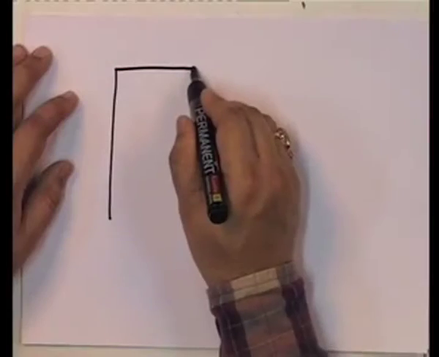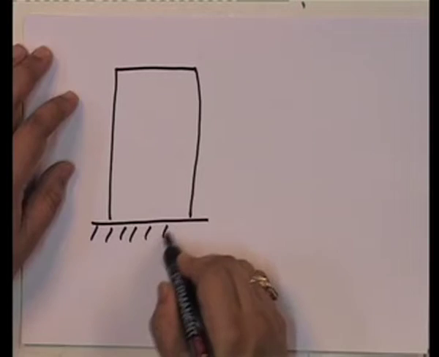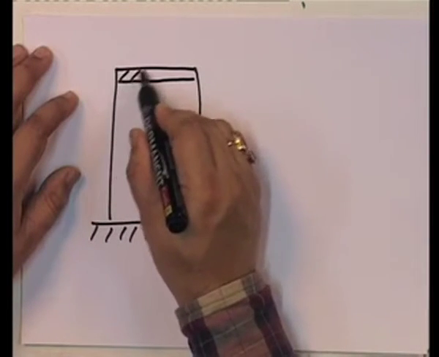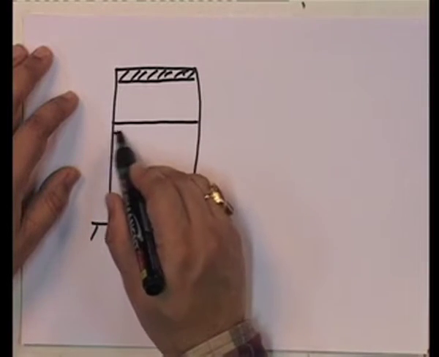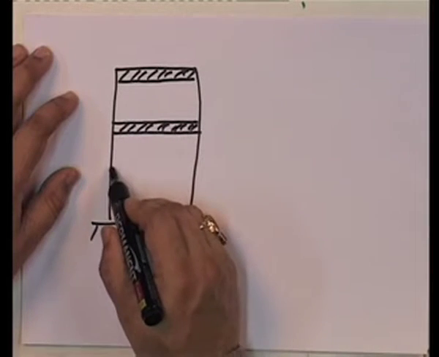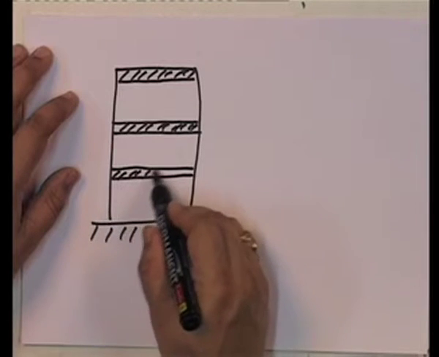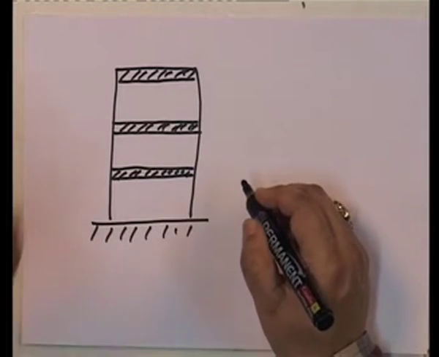So, now let us look at a multi-storied structure, and as I said, I am now specifically talking about plane frames. So, what I am going to define right now is plane frames, and then in the next class we will see how we can tackle the problem of when you have a building. So, this is not a building, it is a plane frame.